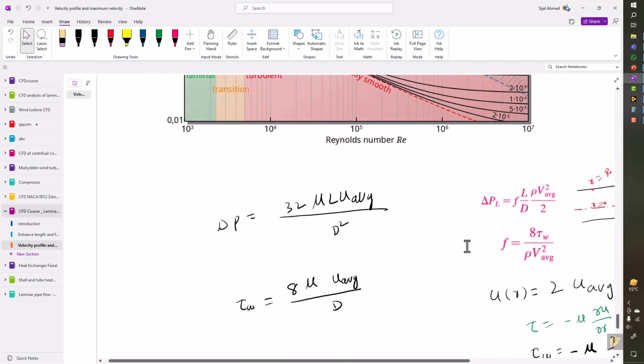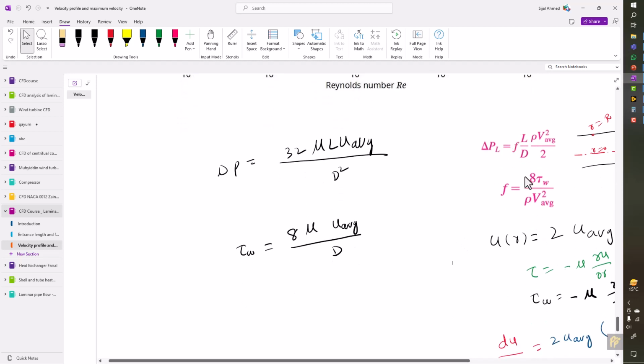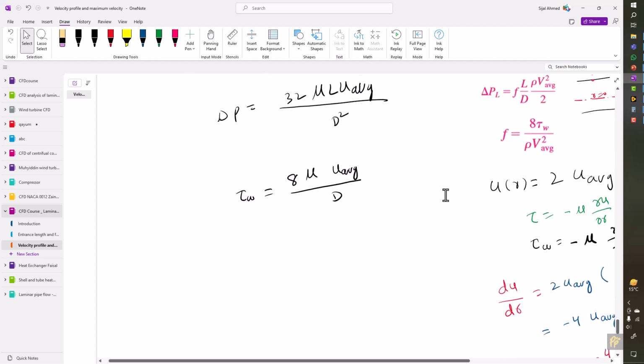So that's why I followed one book. That book can be Munson's or Frank M. White. I wanted to see how these formulas come up from these expressions side by side. So instead of going to the basic principle, I wanted to see how we can derive one thing from the second thing, or the second thing from the first.